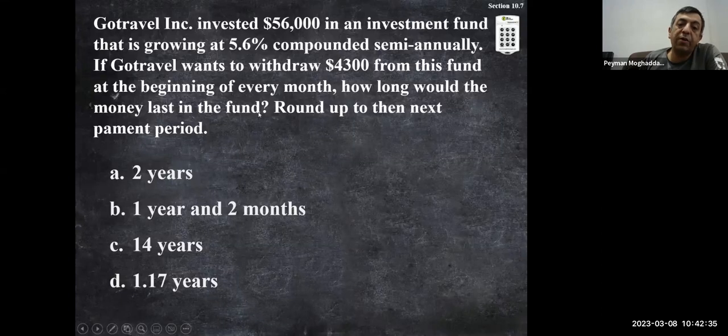So general due annuity with a present value problem, and we want to know what's the N. So I'll give you 5 minutes for this as well.